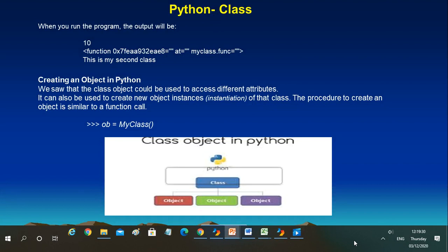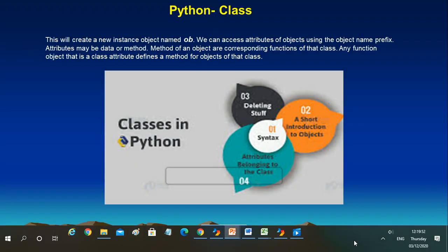Now creating an object in Python. We saw that the class object could be used to access different attributes. It can also be used to create new objects, instances, or instantiation of that class, and the procedure is similar to a function call. So this is the way you can write your object. This will create a new instance object named OB.